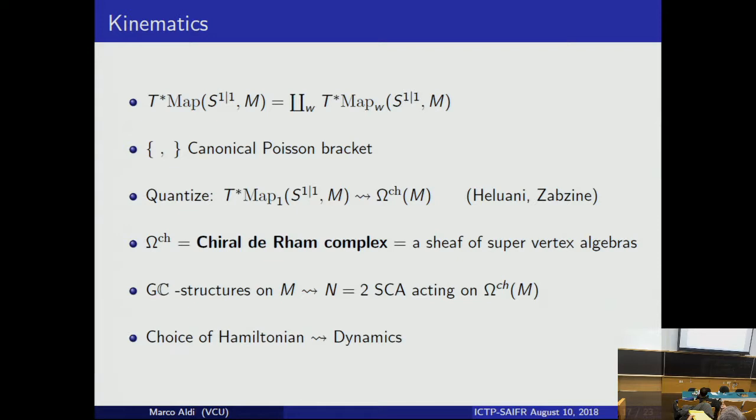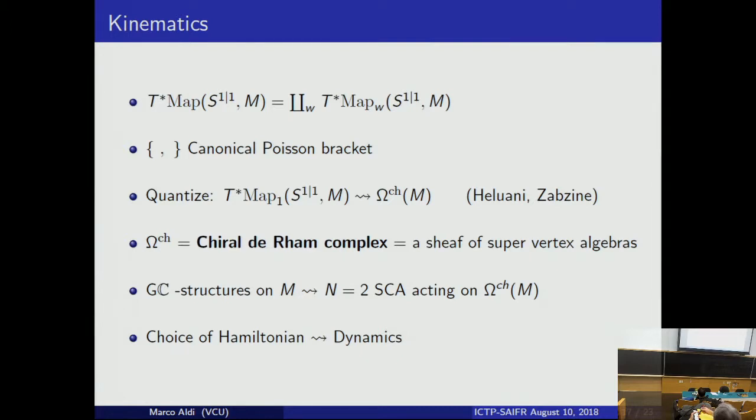It's a sheaf of super vertex algebras. I think you're going to hear more about this during the rest of the workshop. But one thing that Heluani and Zabzine pointed out is that generalized complex structures on M correspond to an action of the N=2 superconformal algebra on chiral de Rham.